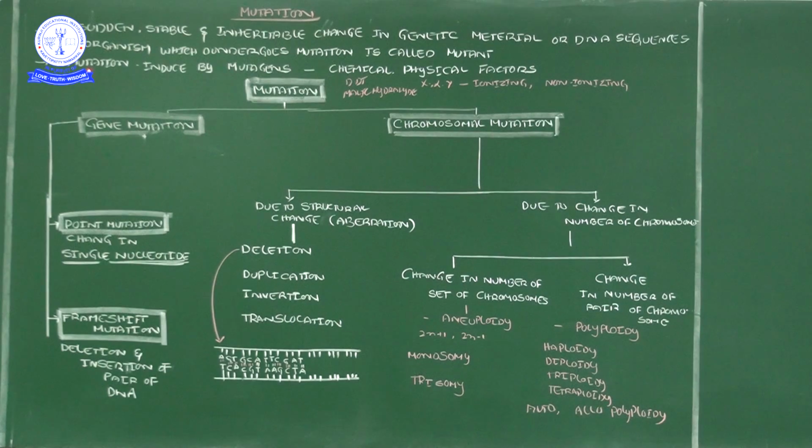Here, look, mutations occur due to the inducing of mutagens. Mutagens may be chemical factors, physical factors, or environmental factors also. Of course, we can say environmental factors come under physical factors. Physical factors include temperature, our surrounding environment.